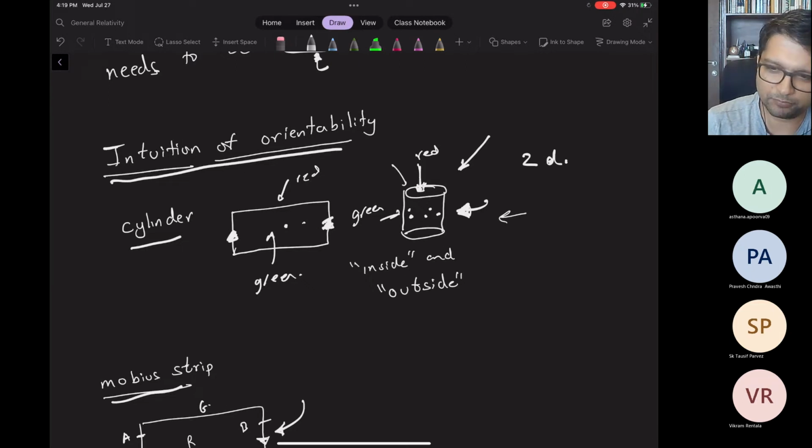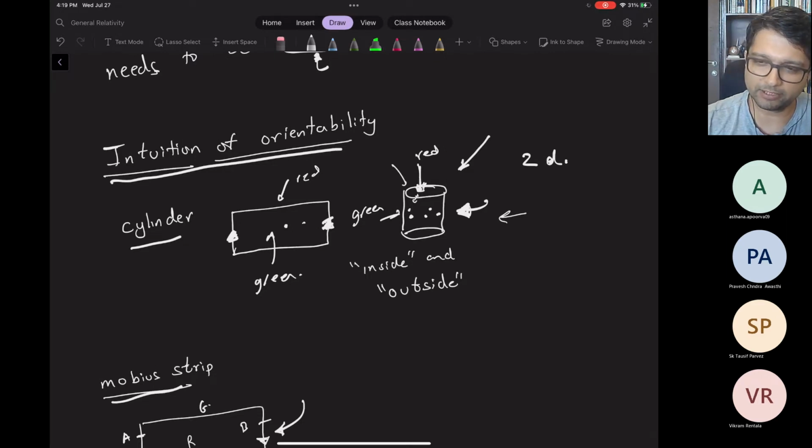And therefore this inside and outside is related to thinking about it in 3D, imagining a thickness to this paper and thinking about one thing being on one side and one thing being on the other side. So this notion of orientability is obviously only intuitively correct.